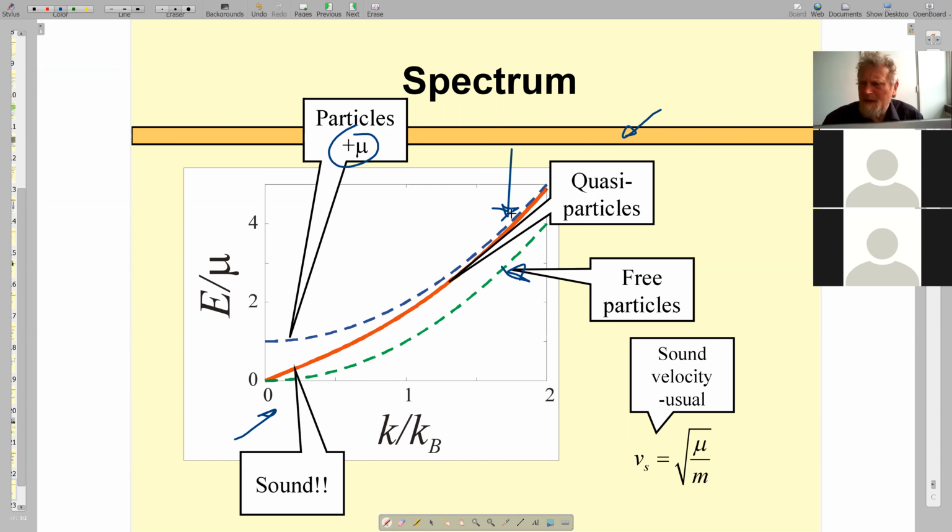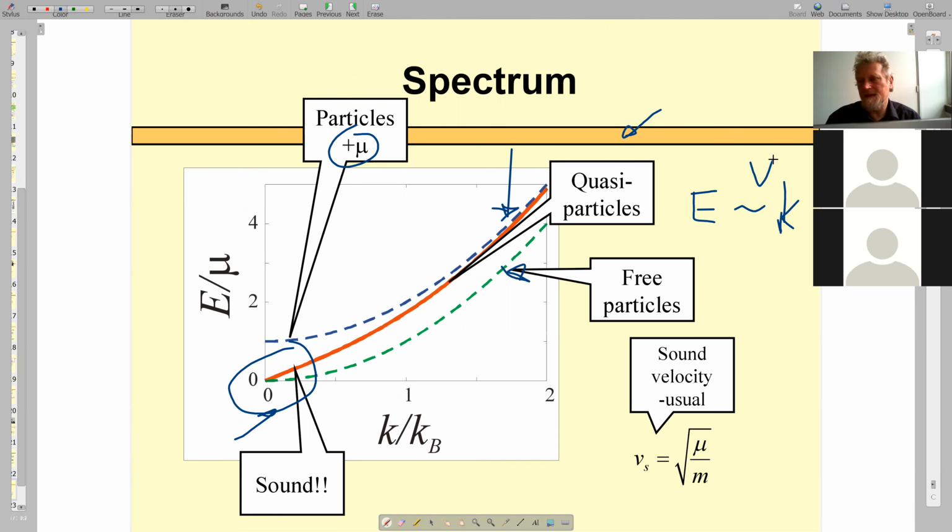Fine. But what do I find here? Eventually, I find excitations with energy proportional to k. And the proportionality coefficient will be some velocity divided by h bar.